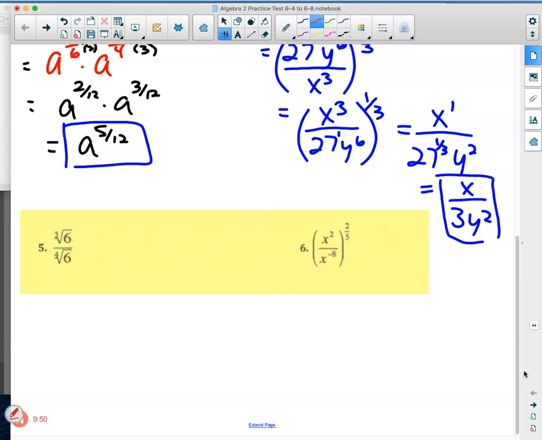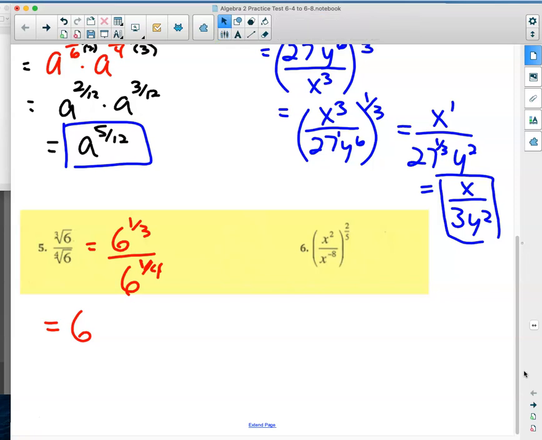Number 5 says we have the cubed root of 6 over the fourth root of 6, and you can't do that. One's a cubed root and one's a fourth root. So we have to change that into fraction powers, remembering that the root grows in the ground, so it has to go on the bottom of our fractions. And then we remember, well, to divide similar bases, you have to subtract the exponents.